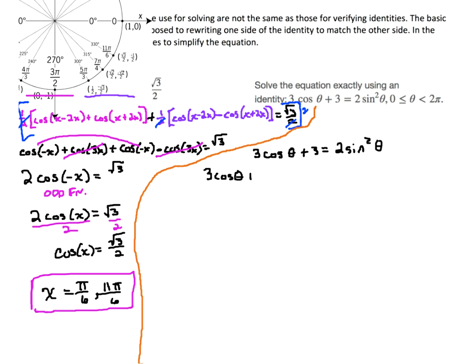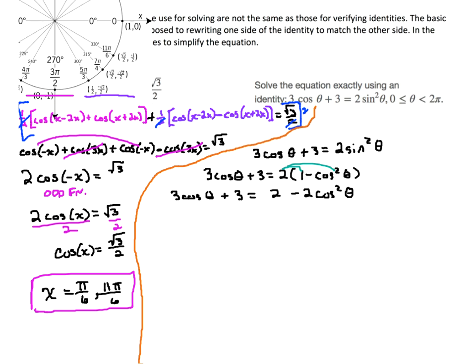So 3 times cosine theta plus 3 equals 2 times 1 minus cosine squared theta. And now I have distribution to do. So I have 3 cosine theta plus 3 equals 2 minus 2 cosine squared theta.